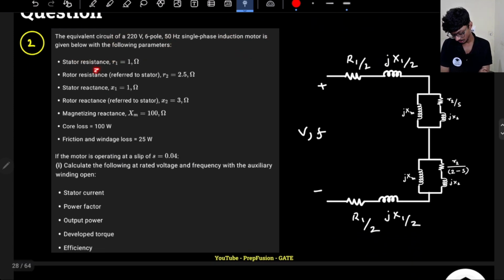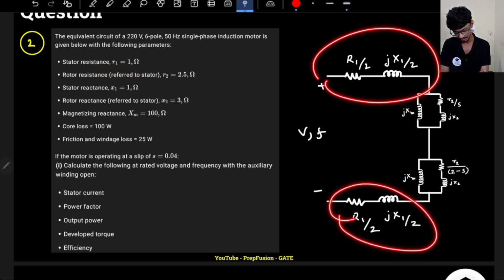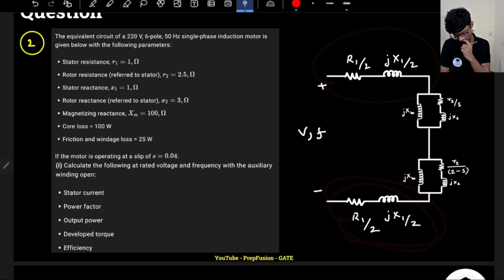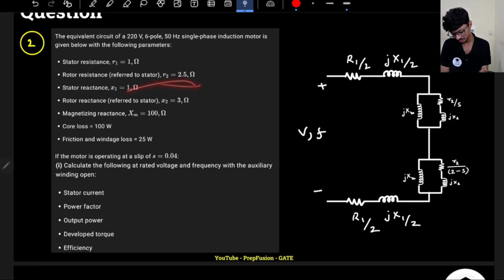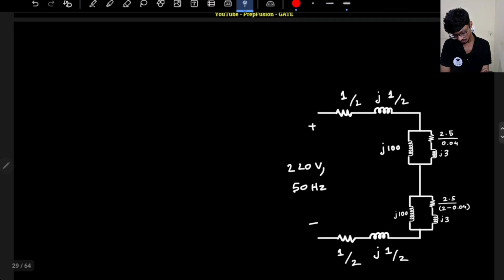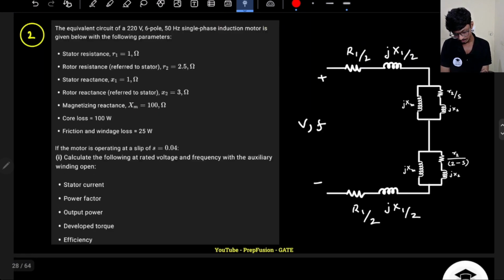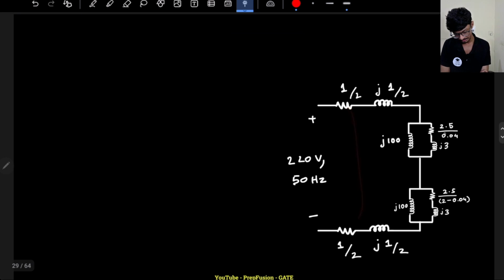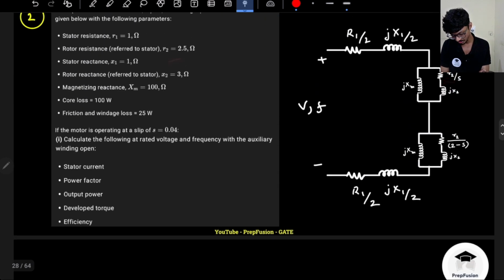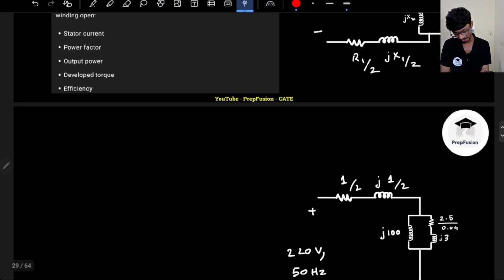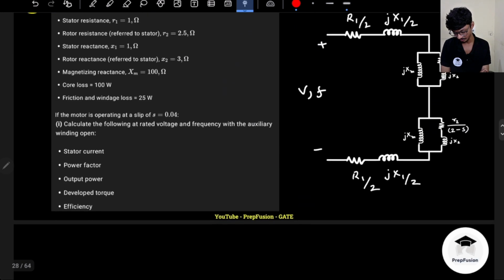Basically the stator resistance is 1 ohm, r1 is 1, so this whole thing is the stator resistance only, that is 1 ohm. Rotor resistance referred to stator is 2.5 ohms. So r1 is 1, but then this is 1 by 2, so overall it will be 1 only, and R2 is given to me as 2.5. I have just written the values whatever is given to me.